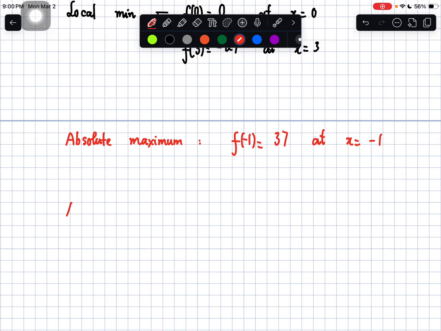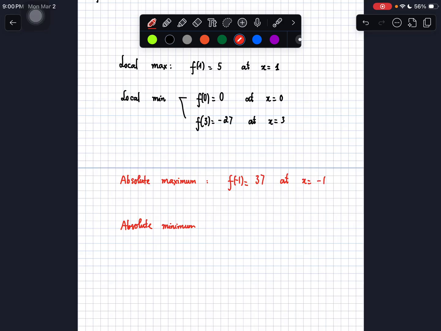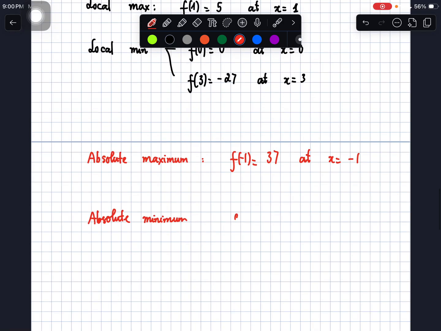Absolute minimum: f of 3 equals minus 27, at x equal to 3. So this is the conclusion.